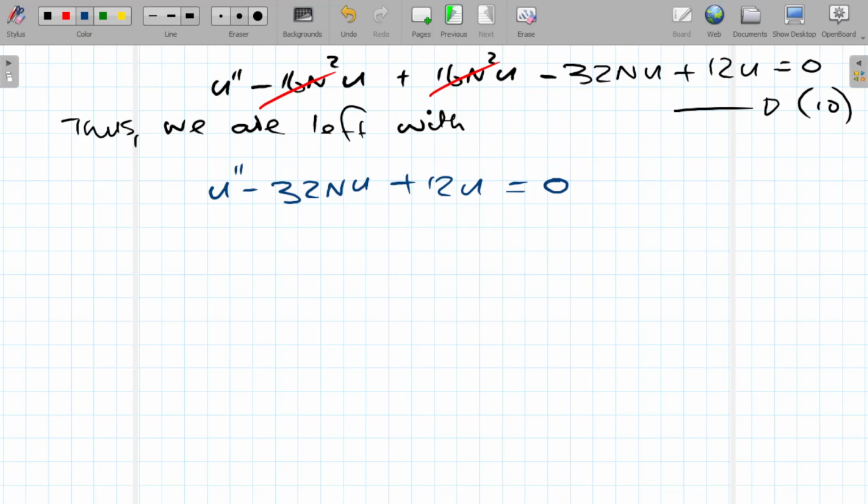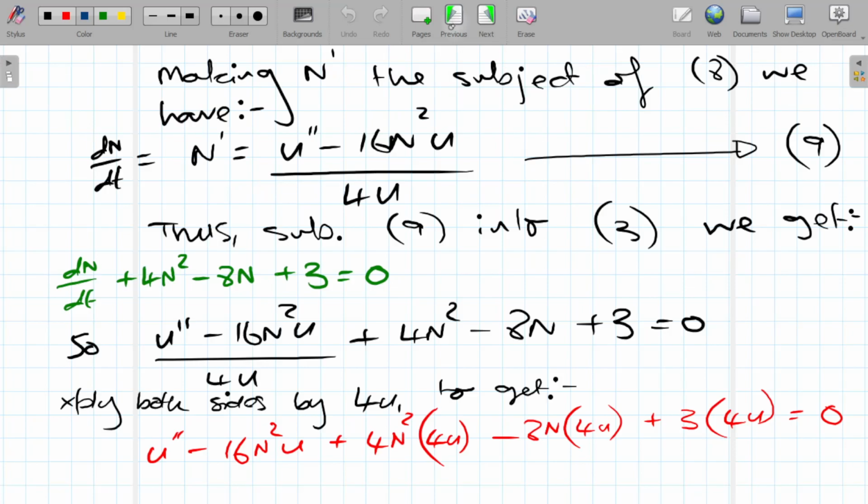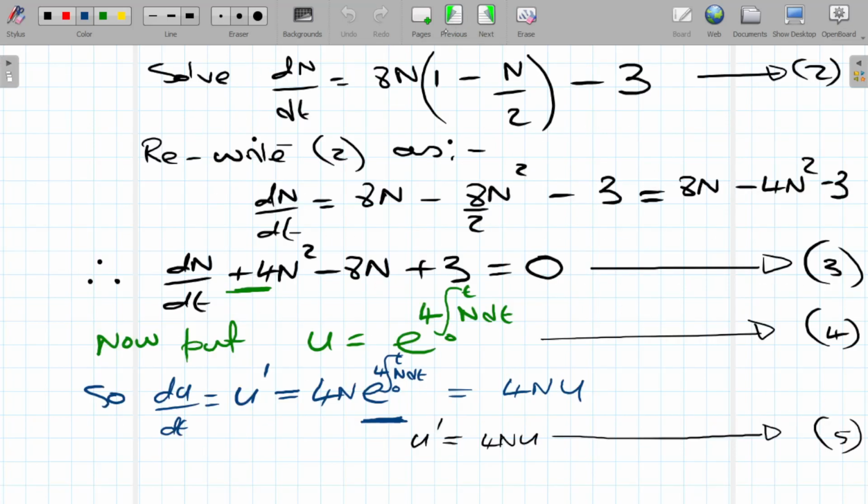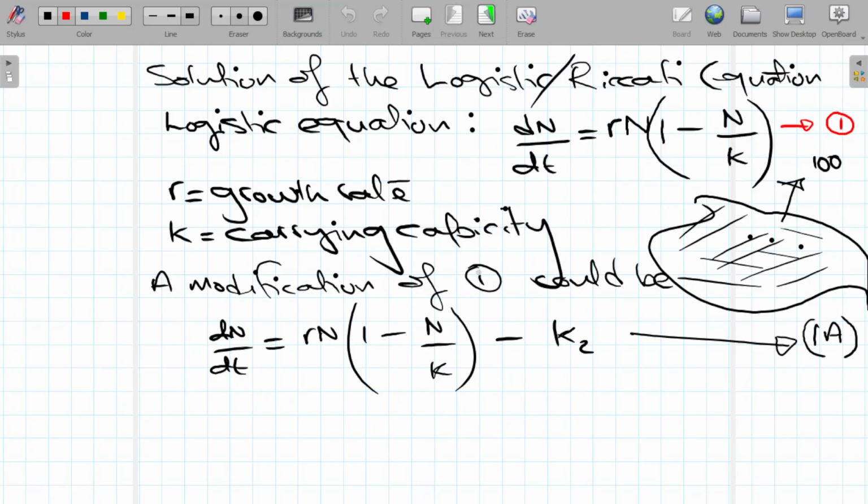And I haven't given that a label, but you might remember that from equation 5, let's go right back to equation 5, we have this term here. So now we substitute in for n. I think we might have actually worked that out at some point.